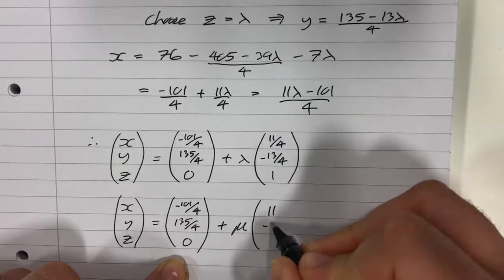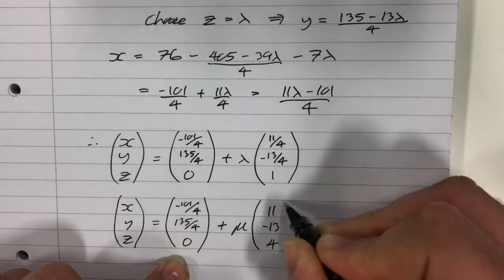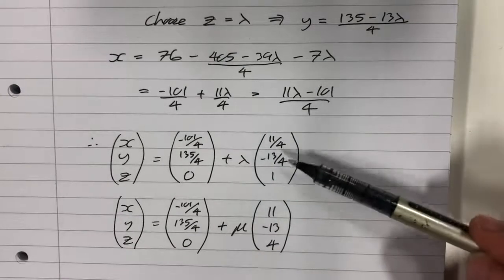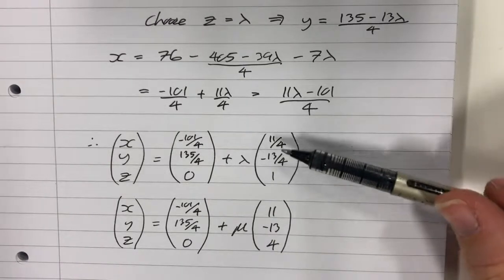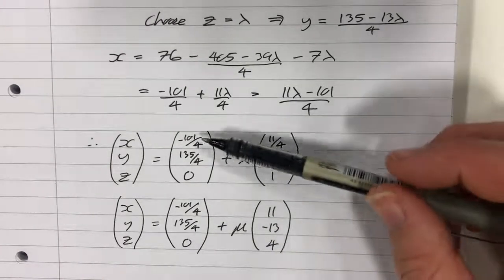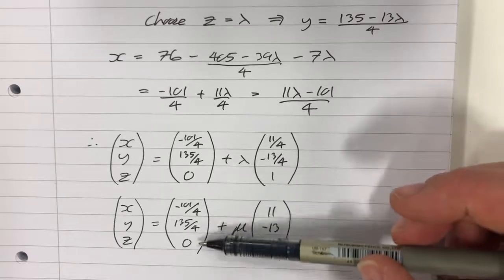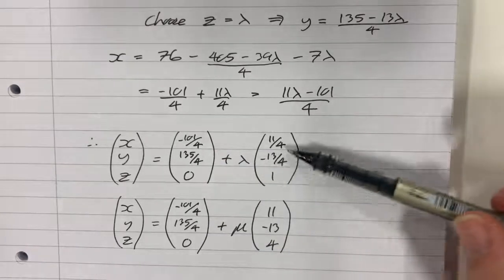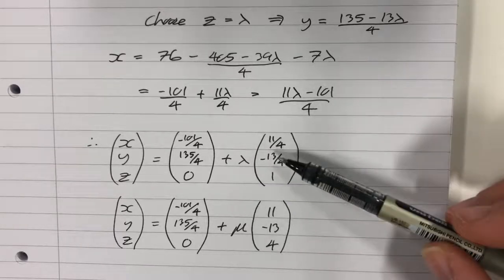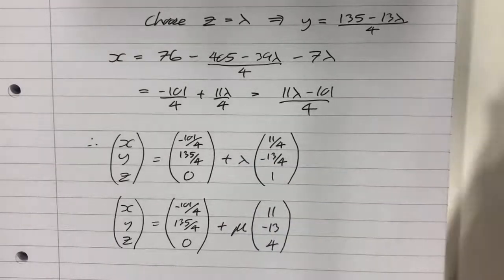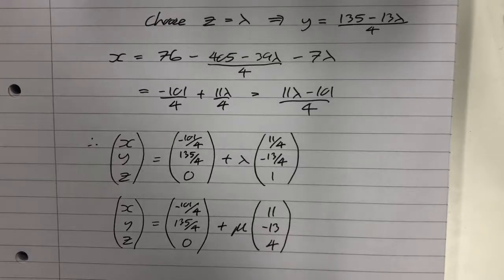That's 11, minus 13, 4. The reason why I can do that is because this is the direction vector, so it's the direction that matters, not the magnitude, so I can times that by 4. Whereas this one is a position vector of something on the line, so I can't do anything with that unless I add or subtract multiples of this, which I'm sure I could do to make these integers, but it's unnecessary.